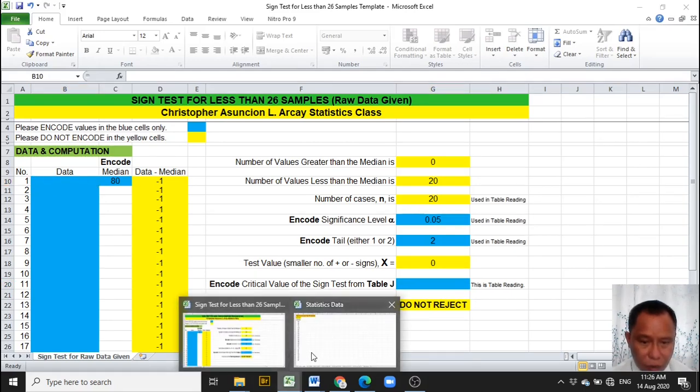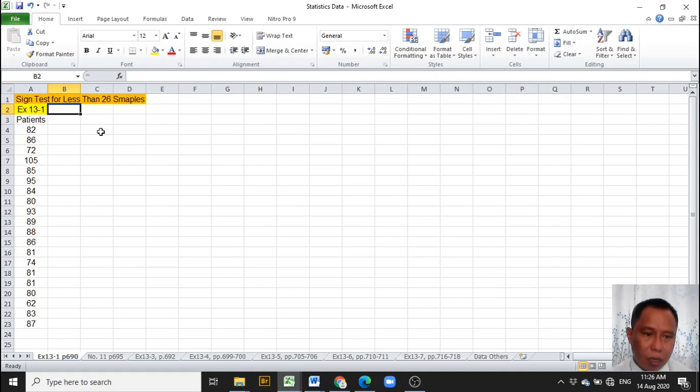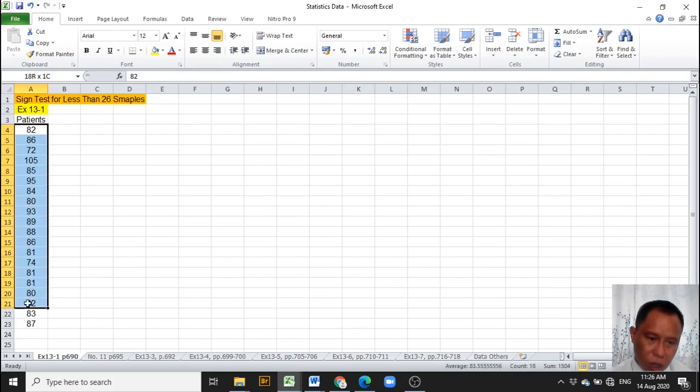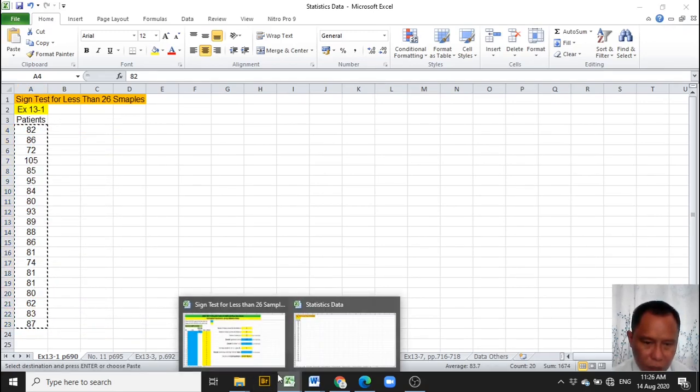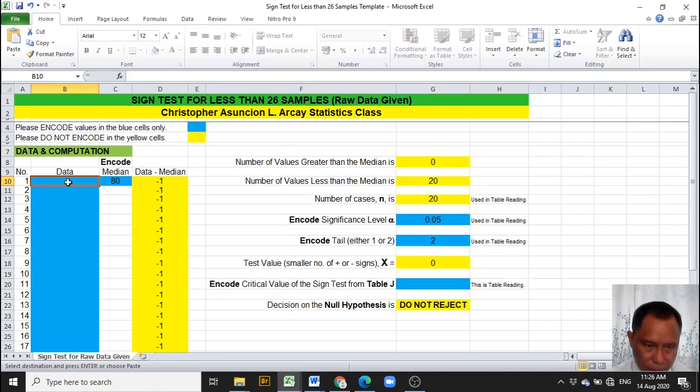The data from the problem consists of 20 values. Here is the set of 20 values from the problem. We'll be encoding it in the Excel template.